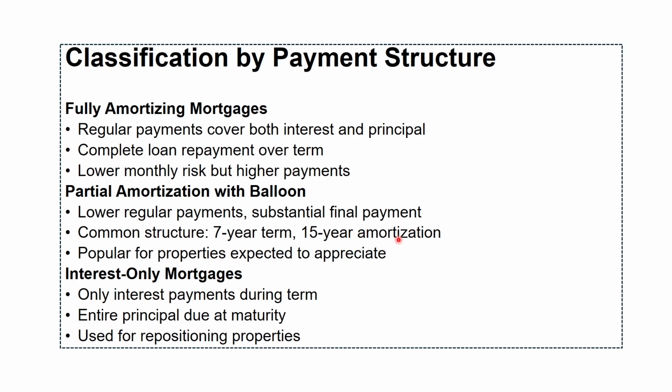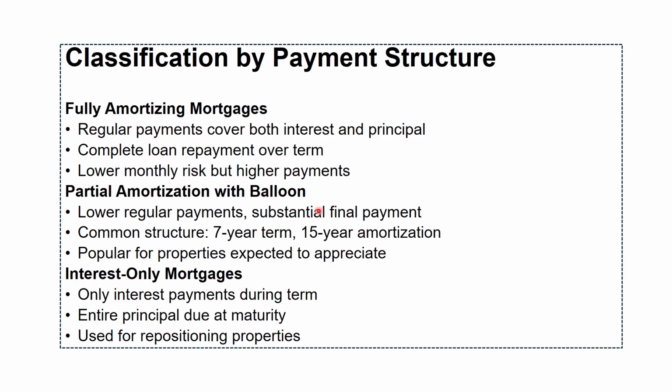Partial amortization with balloon payments has lower regular payments and a large final payment, often with a 7-year to 15-year amortization. Ideal for appreciating properties like Mumbai offices. And then we have interest only mortgages, requiring only interest payments during the term with principal due at maturity, used for repositioning properties like renovating a Delhi mall.